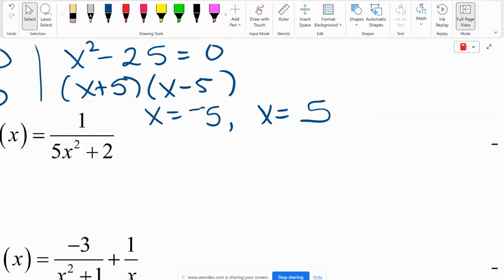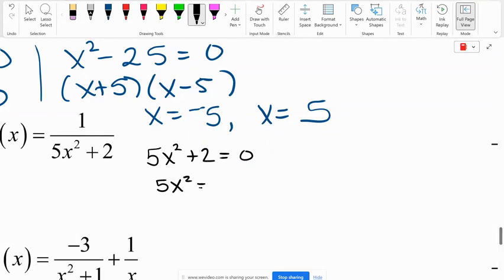Let's say you didn't realize that. Let's say you went ahead and said, okay, I want to be a robot. So let's do 5x squared plus 2 equals 0. You get 5x squared equals negative 2. Then you would divide by 5 and you'd get x squared equals negative 2/5. Can you take a square root of a negative number? No, isn't that imaginary?